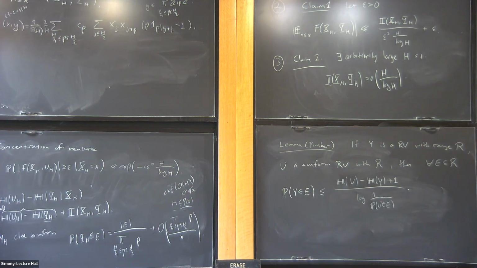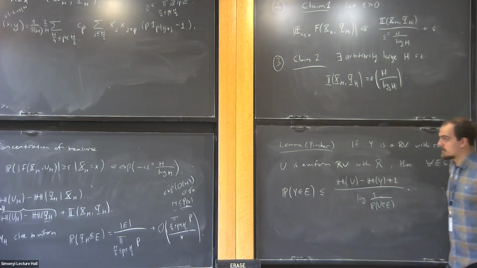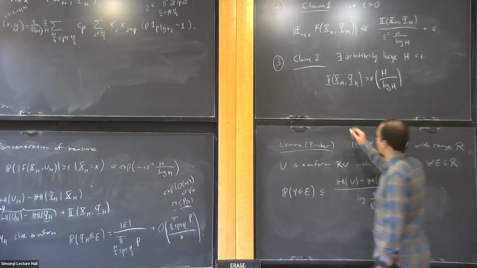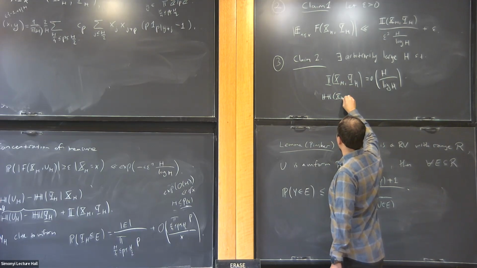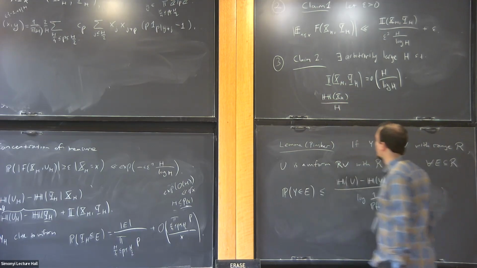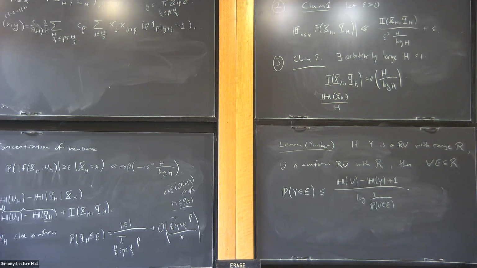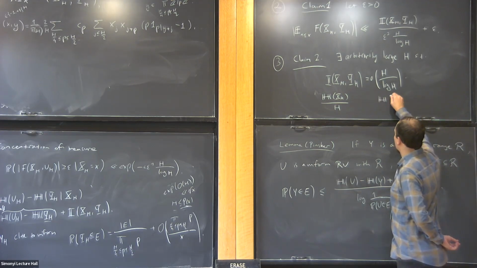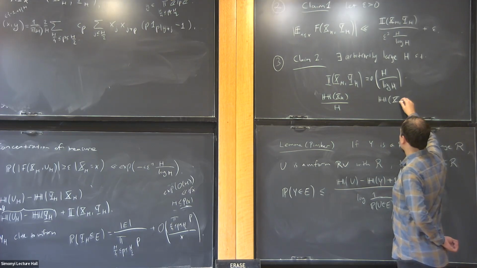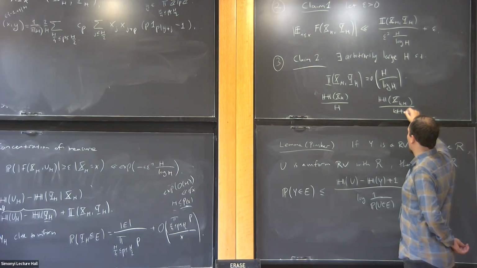So this proof is a manipulation of the entropy inequalities. So you look at what you can call the mean entropy, so the entropy of X_H divided by H. And you relate this to the entropy of X_{kH} over kH, where k is a natural number.